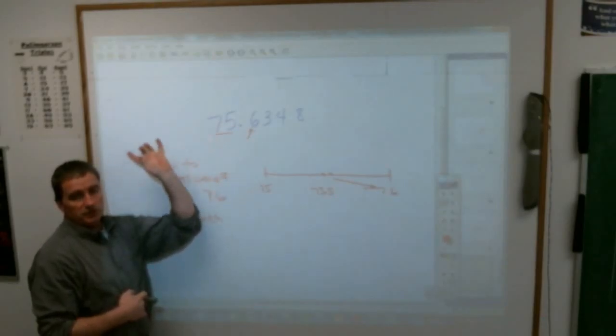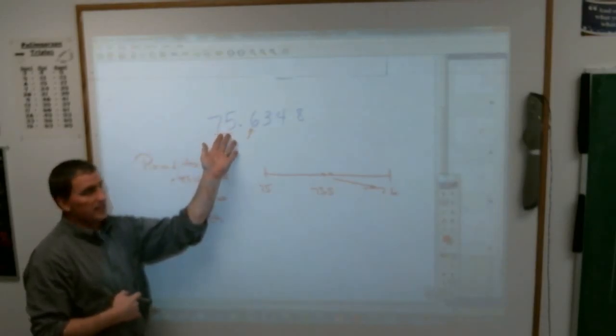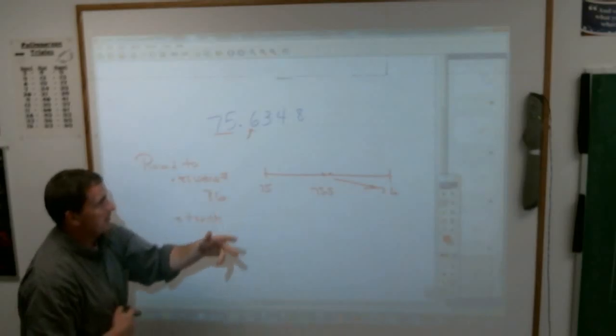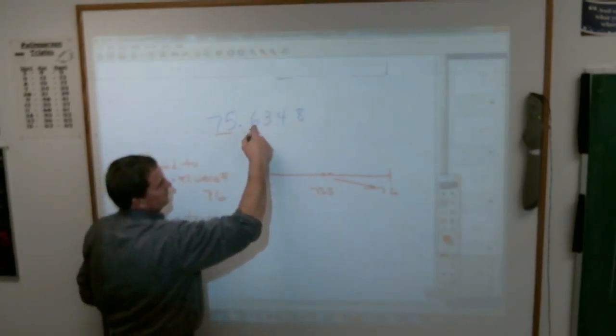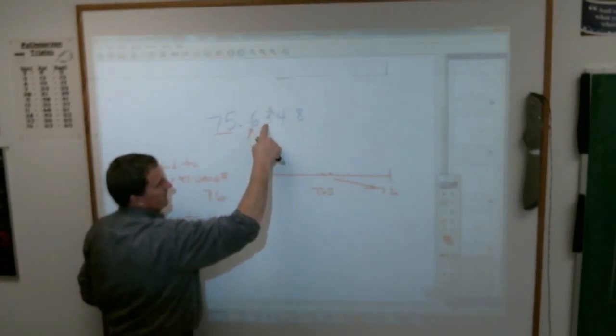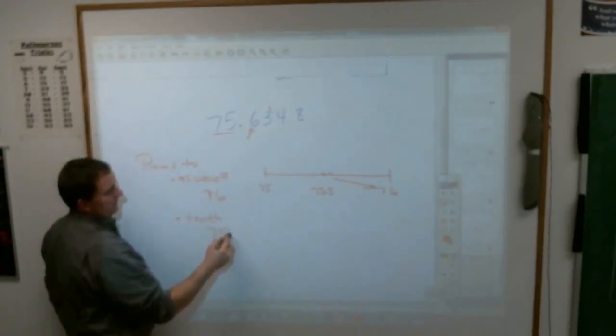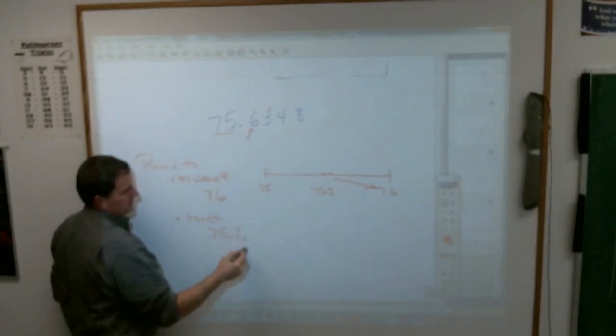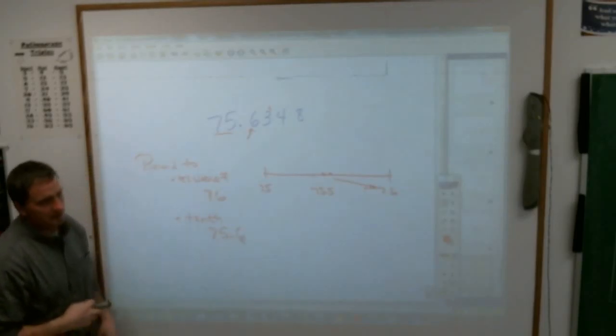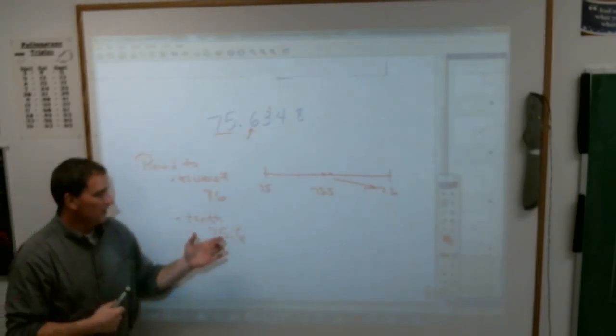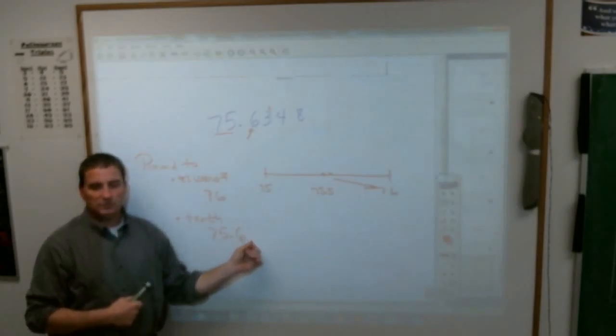And what is my answer going to be there? Riley says 75.6. Right, when you're rounding this one, you look at the next number, and if that's not 5 or above, that stays the same. So to the nearest tenth, that is 75.6. And again, stressing this, because I have people get this wrong all the time, you don't put any of those zeros down there.